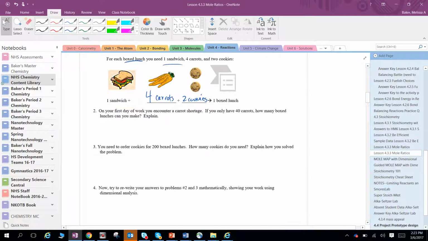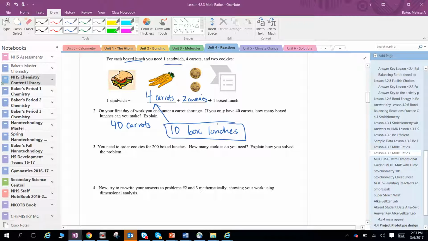So if you only have 40 carrots, then how many boxed lunches could you make? Well, since every lunch requires 4 carrots, you can divide that in your head and say you could only make 10 boxed lunches.